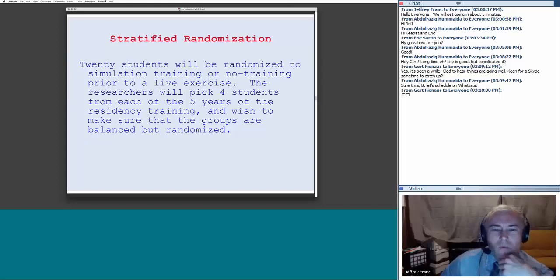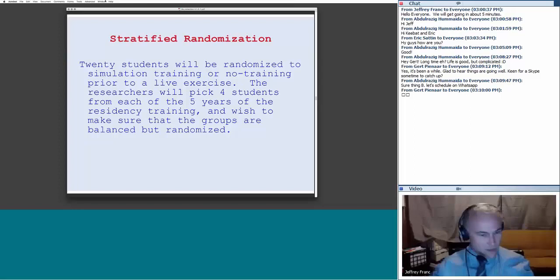Okay, so you can see here we have 4 students from each of 5 years of residency training. Now, what we don't want is all the students from the first year of residency training in one group and all the students in their 5th year of residency training in the other group, right? So what we want is for these groups to be balanced so that the overall experience in each group is similar, but still randomized.